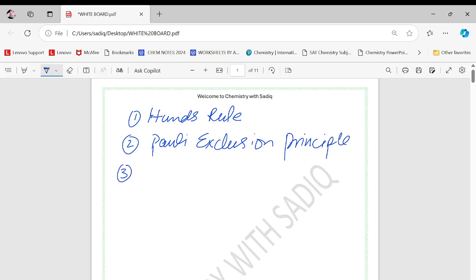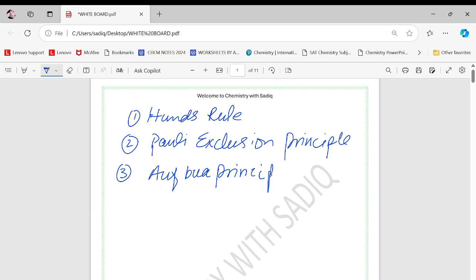And the third one is the Aufbau principle.